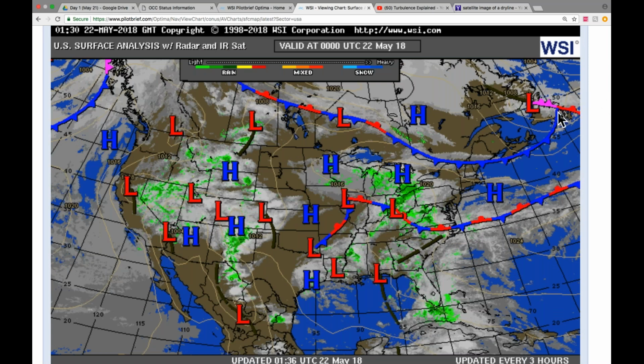So let's keep reviewing some of the stuff we've talked about today. What is this olive colored line here called? That was the trough. Okay. And what is this pink one next to it? Occluded. Yep. Good.